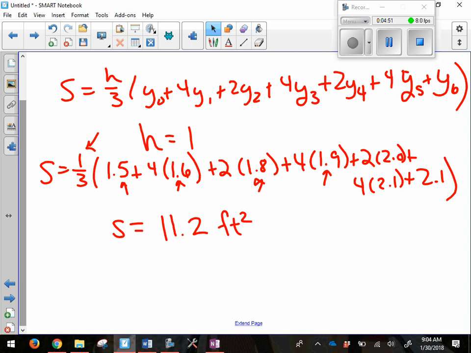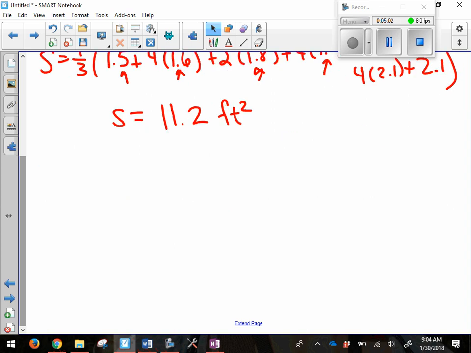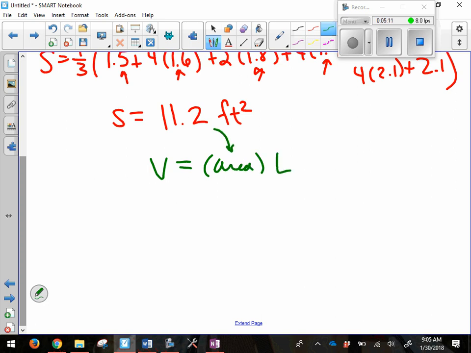Okay. So that's helpful, because remember that what we're really dealing with here is that V is going to be that cross-sectional area, which we just figured out, times L, but I still need to know what V is, correct? So how am I going to figure out V? We know the density.